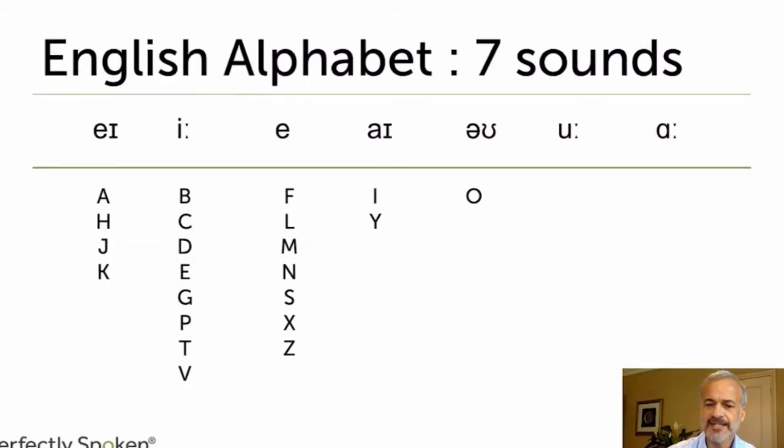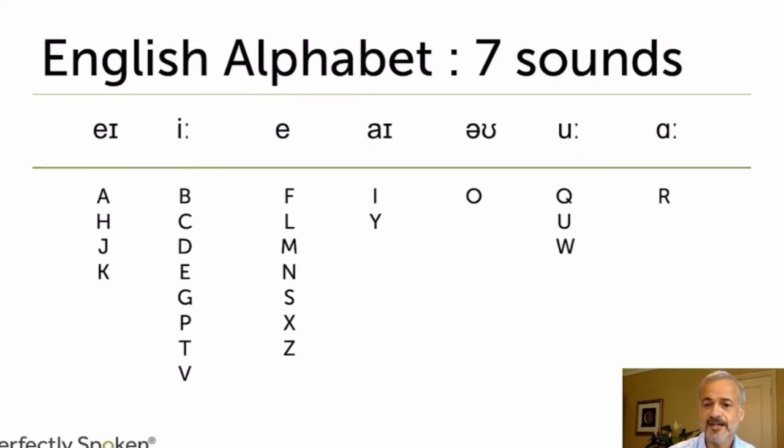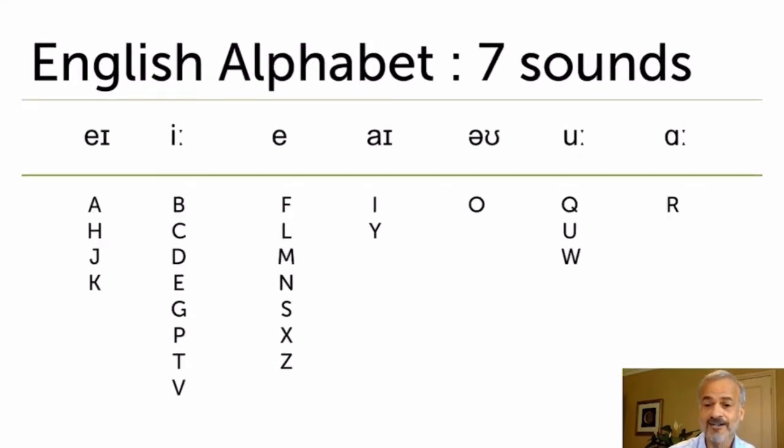Then we get Q, U, W. Again, Q, U, W. And the final one is R. Right?